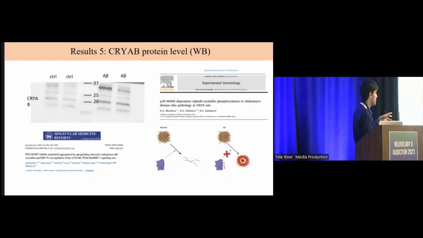But when it comes to AD, there are 2 things. The deposits are increasing, so there's higher frequency and higher load of A beta deposits and plaques, and the function of CRIAB, the detangler, is also reduced.